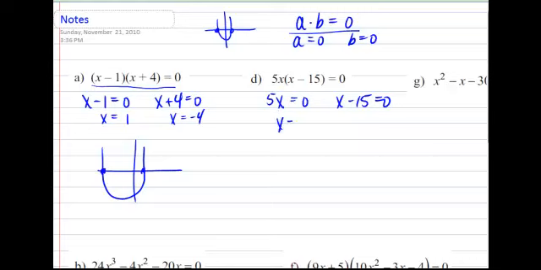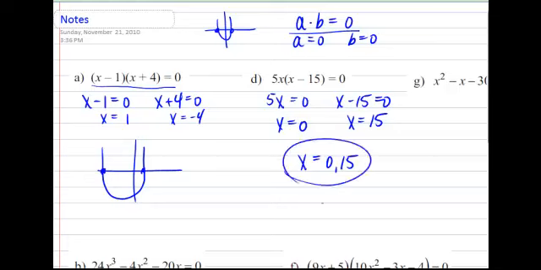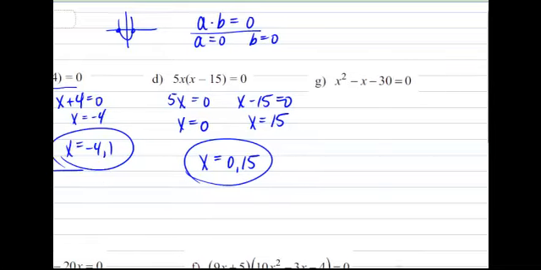We find out that x is just equal to 0, and over here x is equal to positive 15. So at the end of my answer, I would write this as 0, 15, and there's my answer. Over here in letter A, I should have written this as negative 4 and 1, and those were my answers. Okay, let's practice this again.